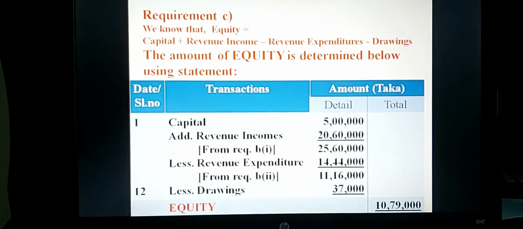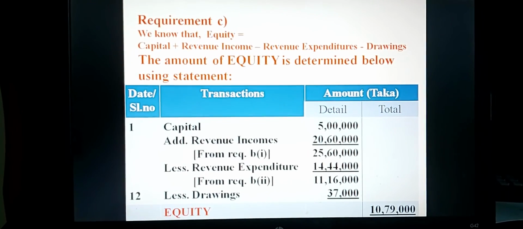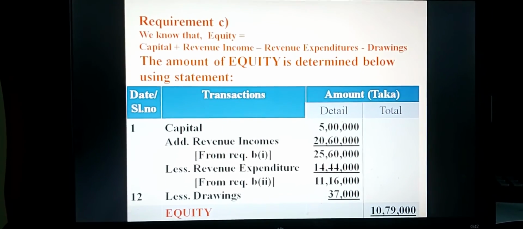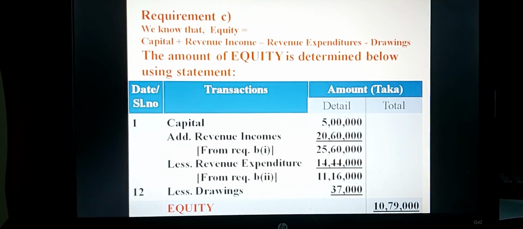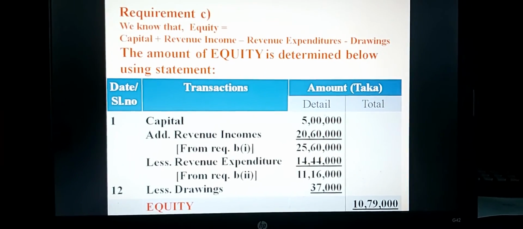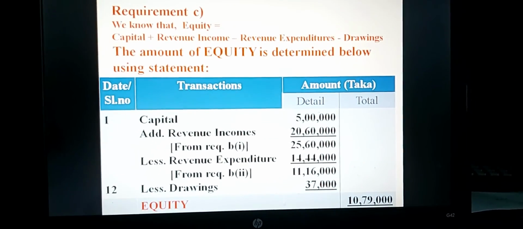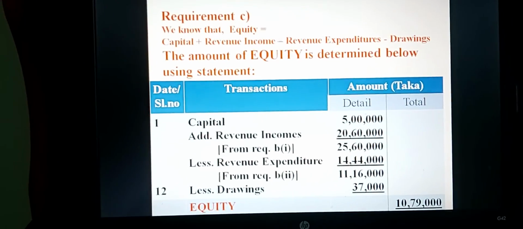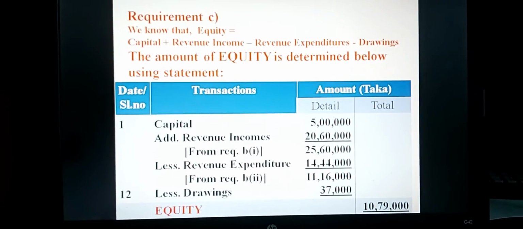I think you have understood. You have understood the amount of equity very well. The amount of equity is determined in the easiest way.